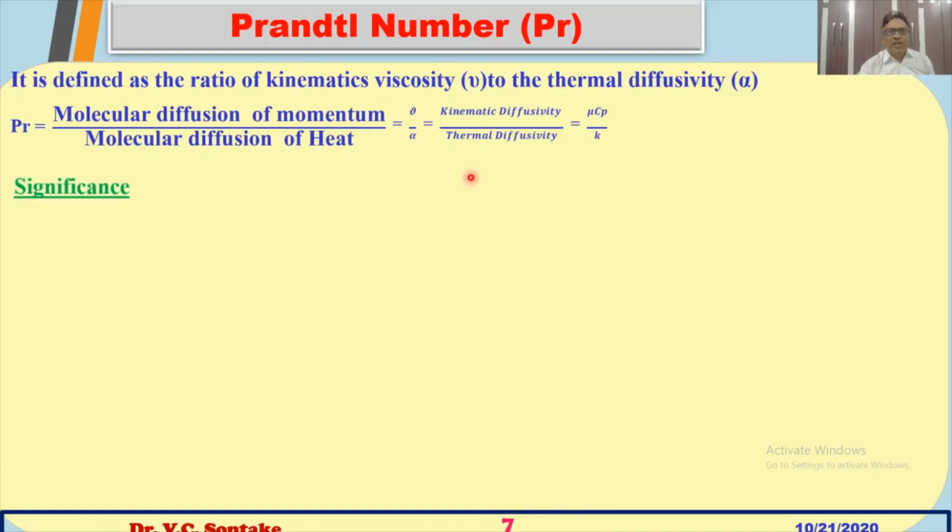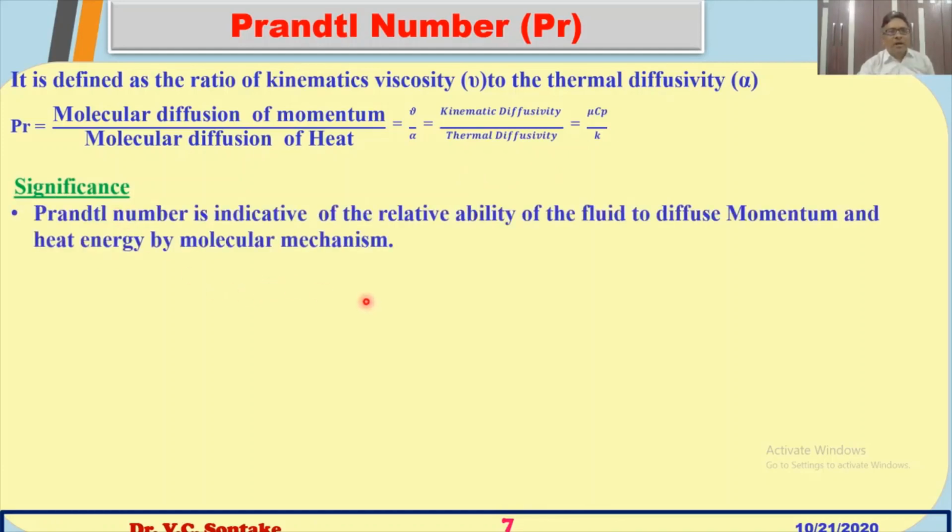Now, the significance of the Prandtl number. Prandtl number is indicative of the relative ability of the fluid to diffuse momentum or heat energy by molecular mechanism. So whenever heat transfer is taking place by convection, fluid flow is also taking place. In this, heat can diffuse by virtue of temperature difference.